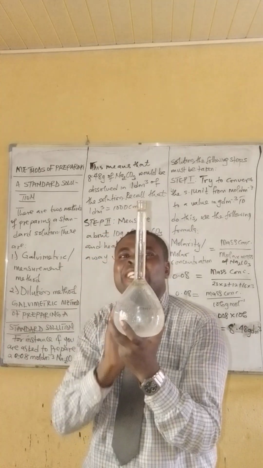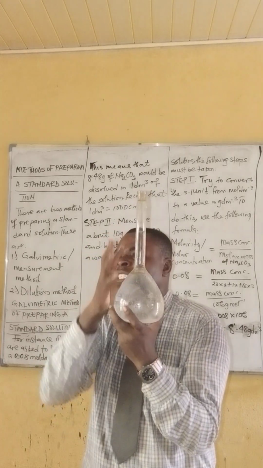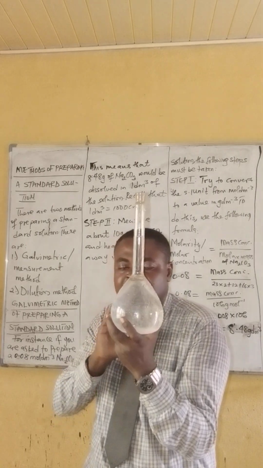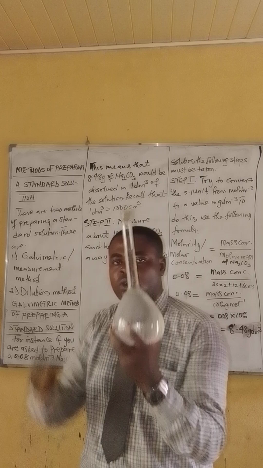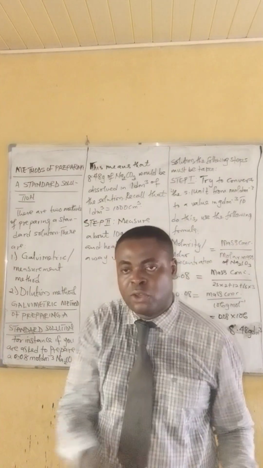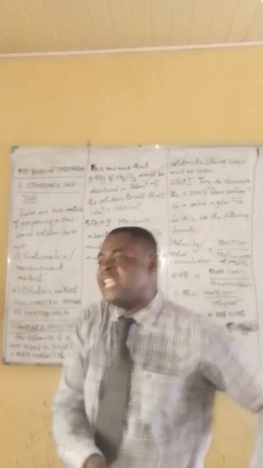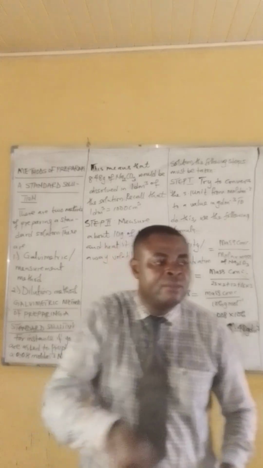So you are making it up so that the 1000 cm cube is for both the solute and the solvent. Then I can shake it until it dissolves. So the concentration of this solution is 8.5 gram per dm cube of the solution, not 8.5 gram per dm cube of the water. No, it's of the solution.